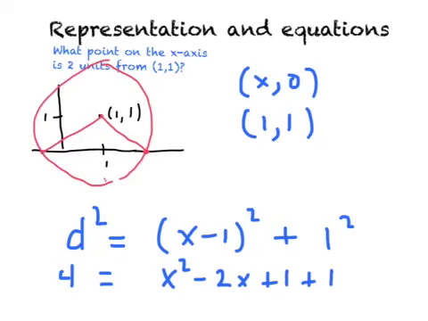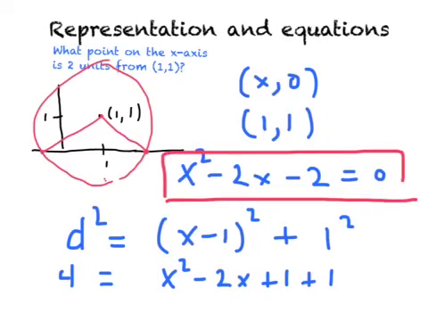Okay, so now it's just a matter of algebra. We're going to simplify this, and we've got a quadratic equation to solve. What we're going to get is the equation x squared minus 2x minus 2 equals 0. This is the quadratic equation that we have to solve.